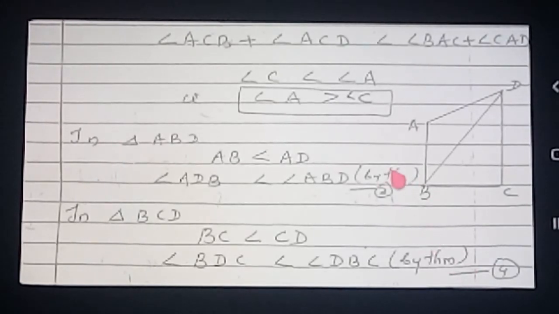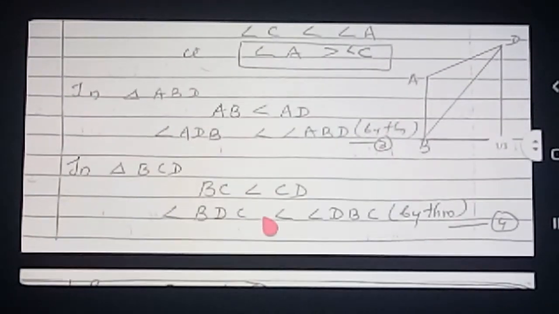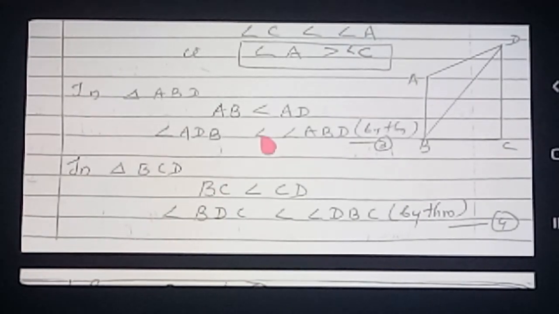Equation number 3 you got and equation number 4 you got. Both have the same inequality, therefore we can add the LHS parts of the inequalities and the RHS parts. So adding LHS, you get angle ADB plus angle BDC, less than, the inequality stays the same because both are the same inequality, angle ABD plus angle DBC.